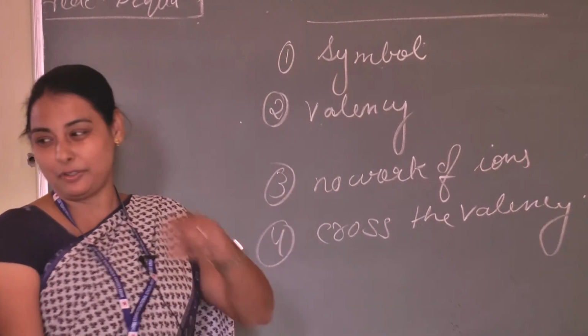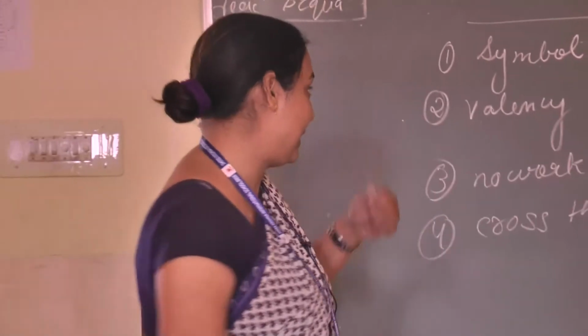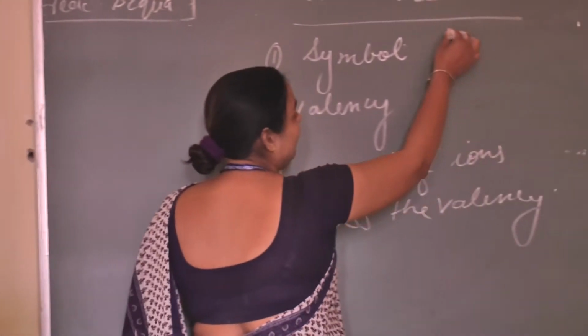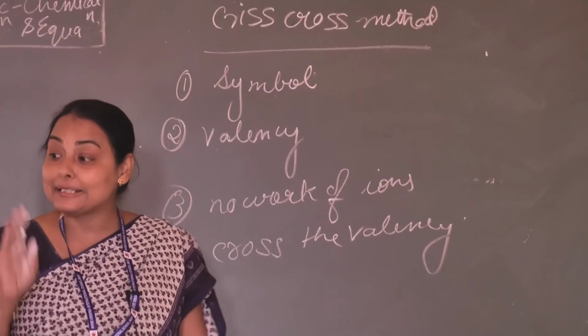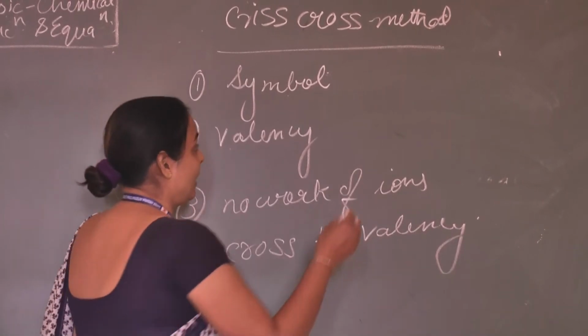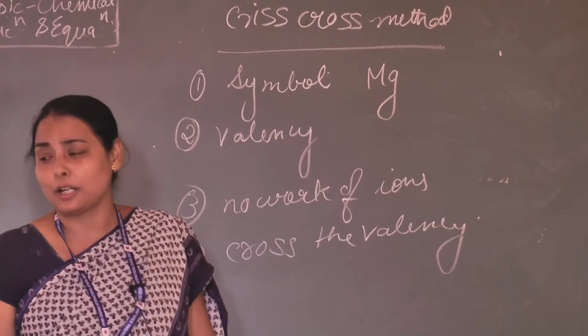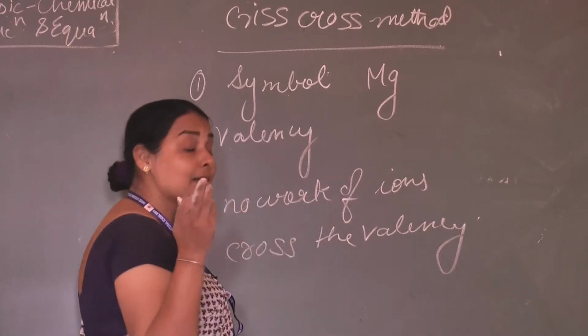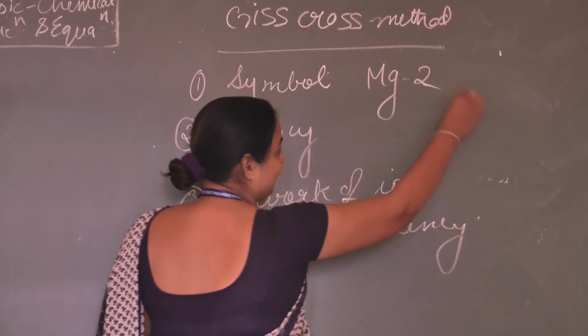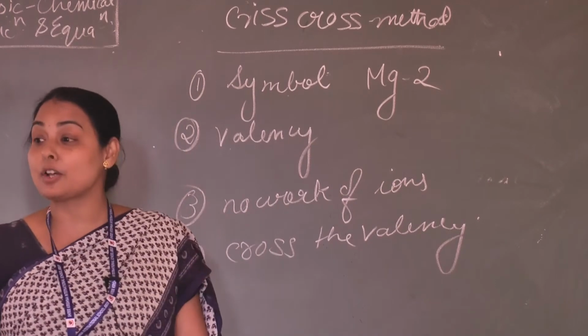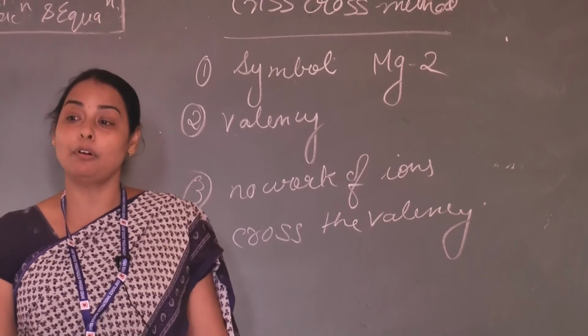And the fourth one is cross the valency. I will give you one or two examples. Suppose I am asking you magnesium sulfate. Now students, what is the valency of magnesium? I know you people know about it. Yes, it's 2. What is the valency of sulfate? Any one of you?